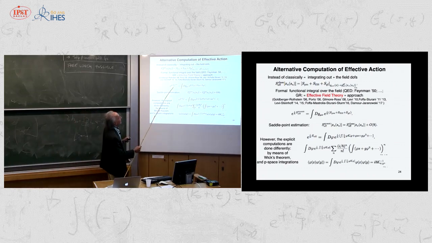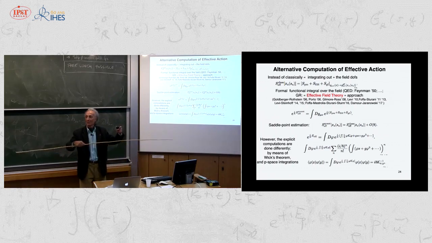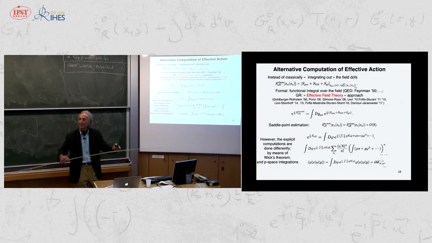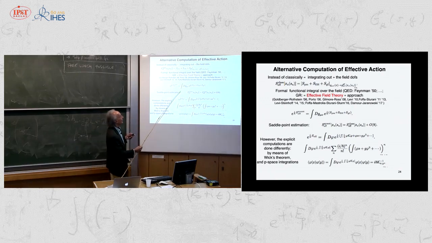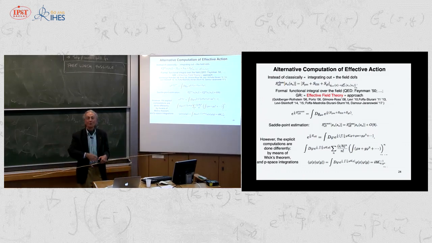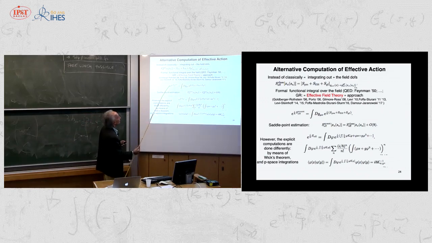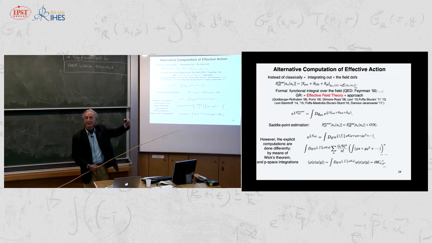Instead of taking the action for the field and the particles and replacing the field as a functional of the particles, you would say, in a quantum type language, that you compute W of J, given external sources, the log of the formal functional integral where I integrate over the gravitational field given external world lines as sources.